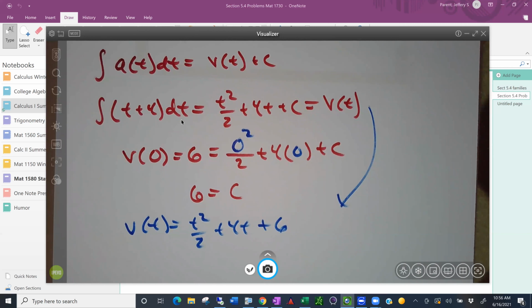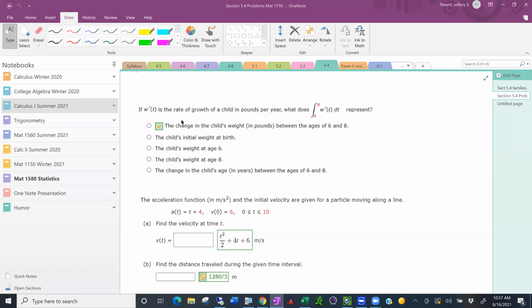Yeah. All right. Now there's one last part to this, and that is to find out how far you traveled during the time interval 0 to 10. So let's take a look back. It says find the distance traveled during the given time interval. Well, the distance traveled is going to be an accumulation of your velocity.